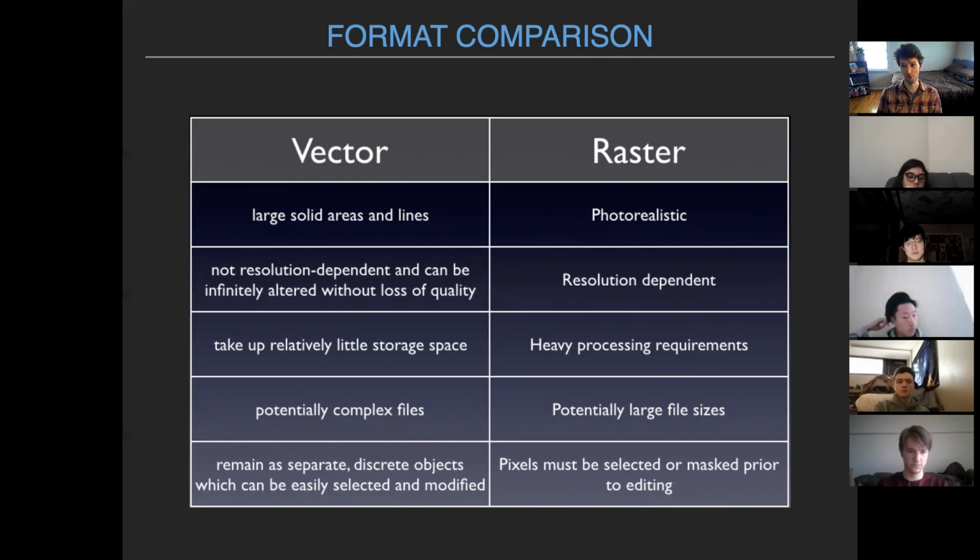Whereas vector is more along the lines of graphics, and really it's hard to not default to, but realistically you can tell when something's vector most often because they do have these large areas of solid color. The lines are solid in color.